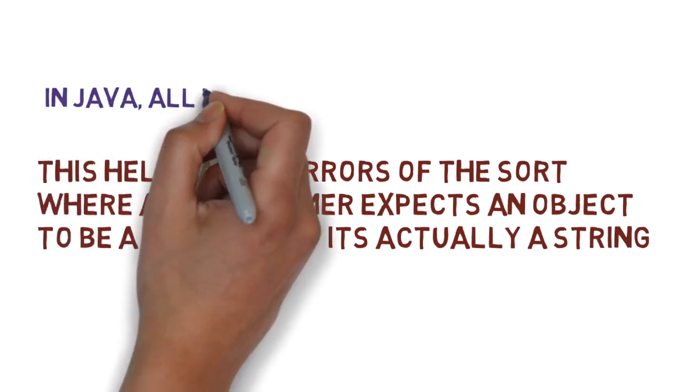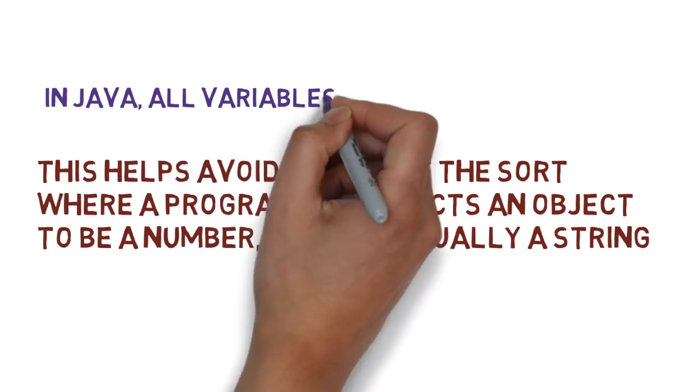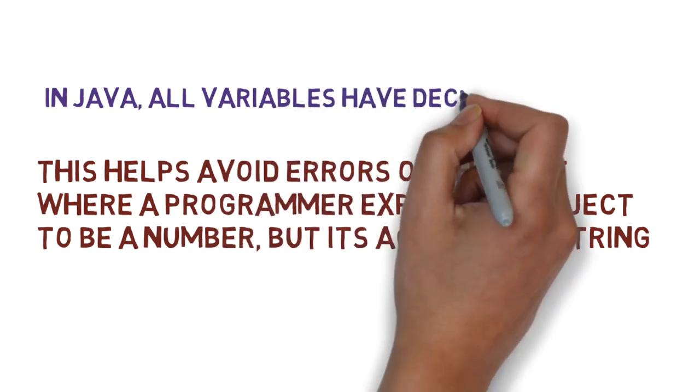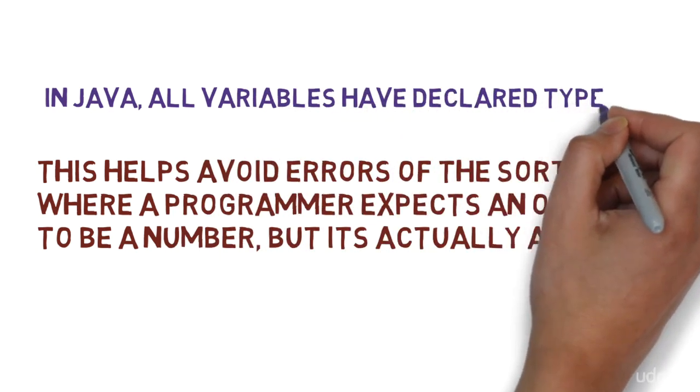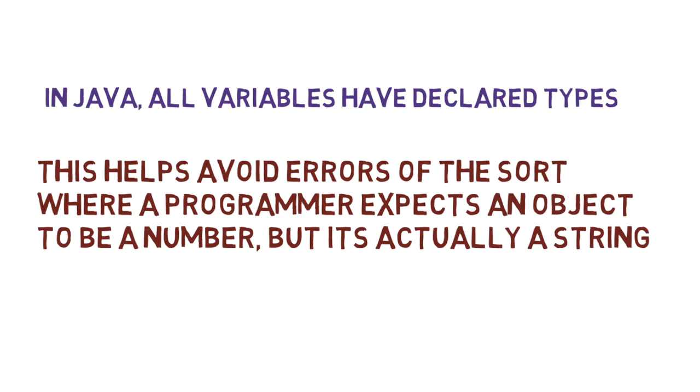In order to avoid errors of this kind, it's important that collections have some level of type safety built in. Now, in Java, all variables have declared types. When you instantiate a variable, you have to specify what type it is. You can't just instantiate a variable and say, I'll decide later what type it is. This is polymorphism. Even in that case, you have to specify what interface that particular member variable implements.